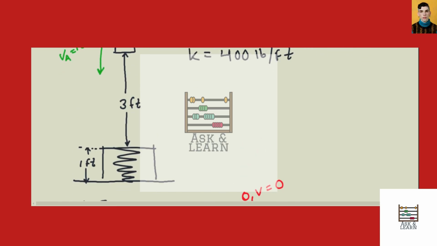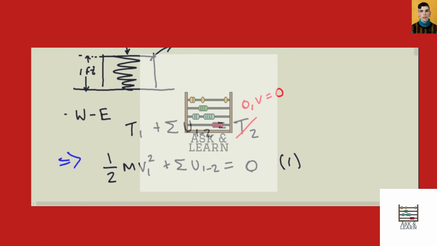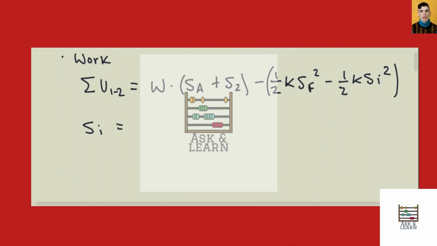the platform pushes down the spring to a distance of 1 foot, but uncompressed, the length of the spring is actually 1.75 feet. So initially, the distance of the spring is that 1.75, the uncompressed length, minus 1 foot, the distance it is compressed to.